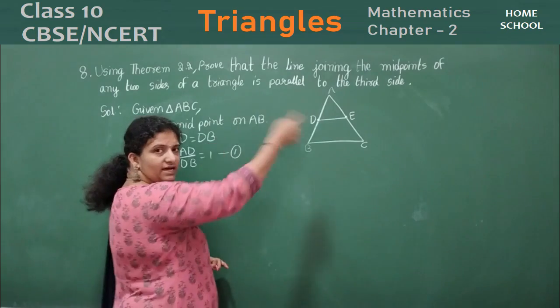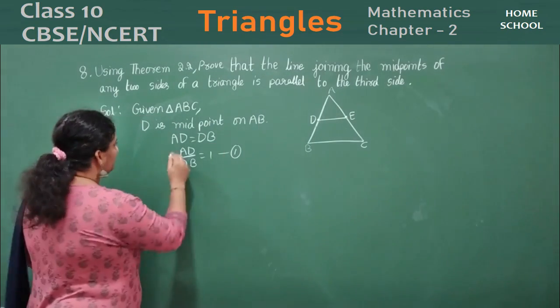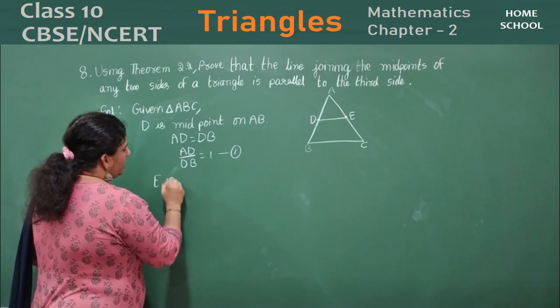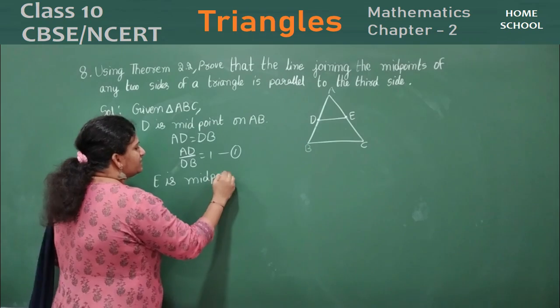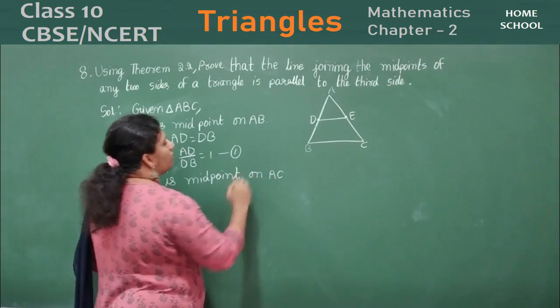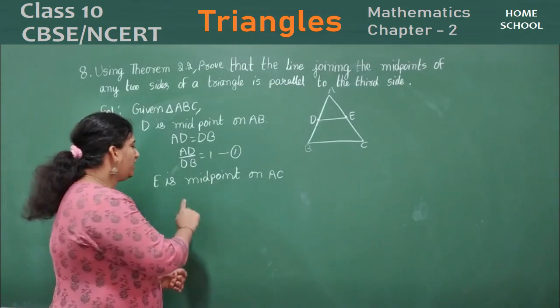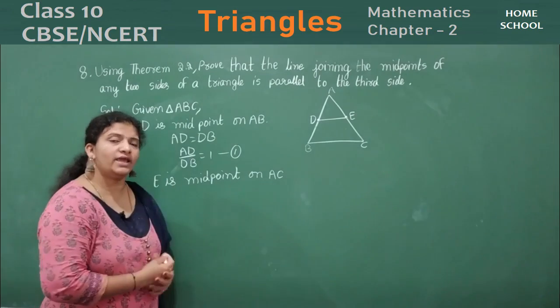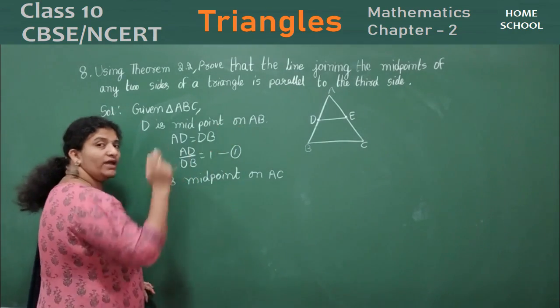I have taken only one point. So now let's consider another point. What is the other point? E. E is the midpoint on AC line segment. So if E is the midpoint, what can you say?